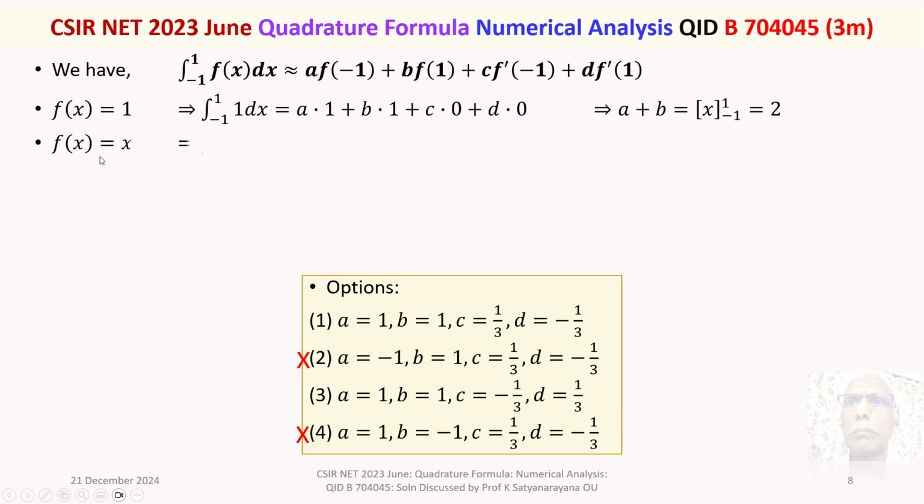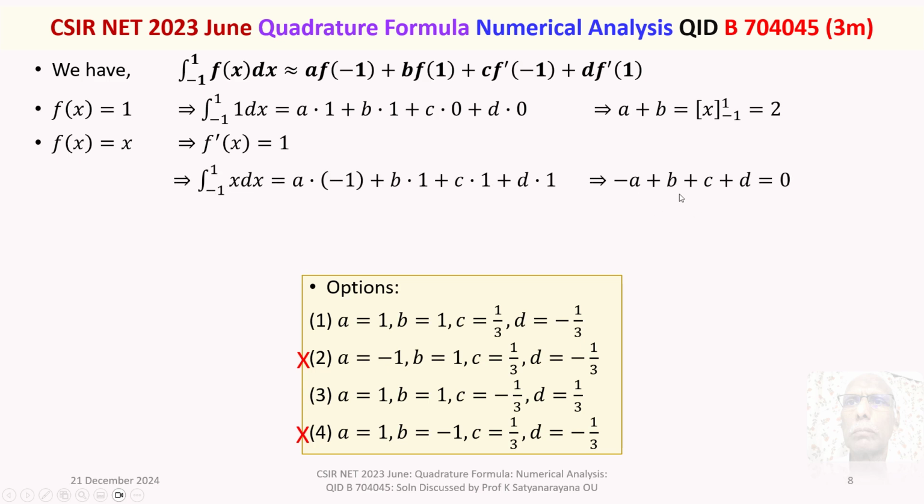So, go to f of x is equal to x and substitute here. Get the equation minus a plus b plus c plus d is equal to 0. For the values of options 1 and 3, you take these values, substitute in this. This equation is satisfied. Therefore, we can't say anything.